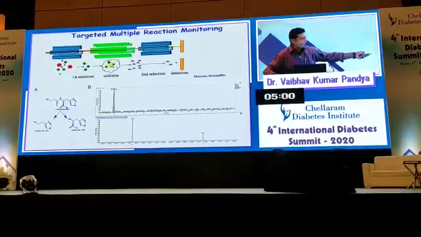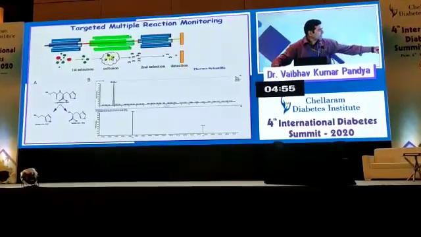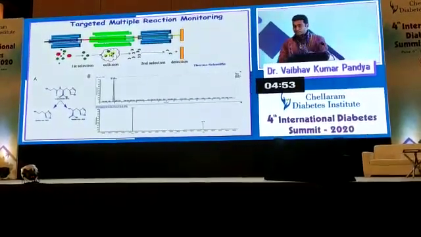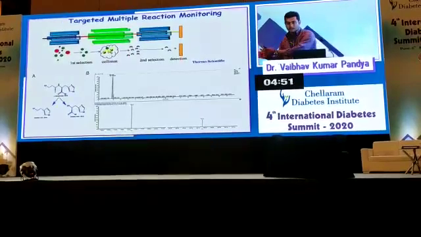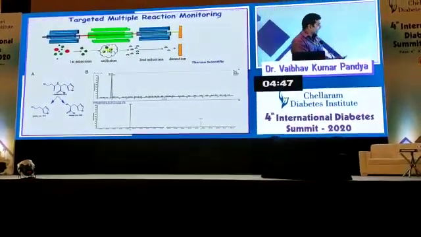We select a particular fragment of the carnosine. Here we selected 110 and 156. Now what will happen? This method selectively identifies the carnosine and quantifies it. So this is the logic of our complete experiment.